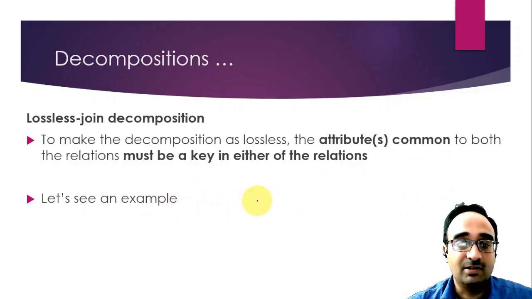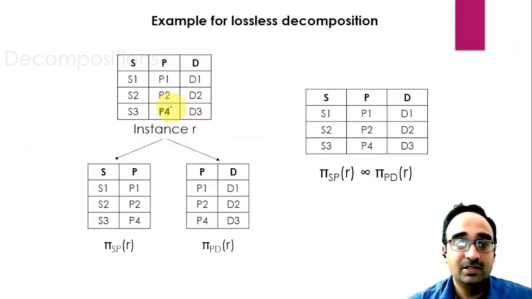Now let's see the previous example. Here in my original instance, I have changed this P1 to P4. Previously it was P1 here, I changed it to P4. Now you can see P1, P2, P4, P1, P2, P4, right? So now I can make this common attribute P either a key in the left hand side table, or a key in the right hand side table.